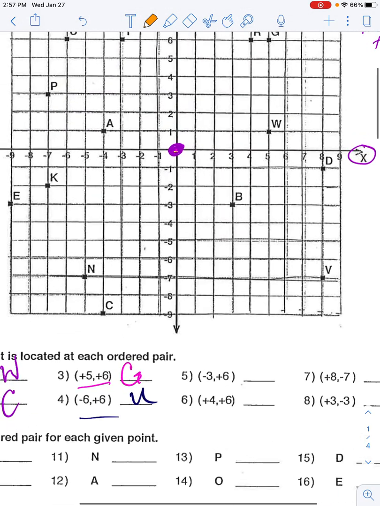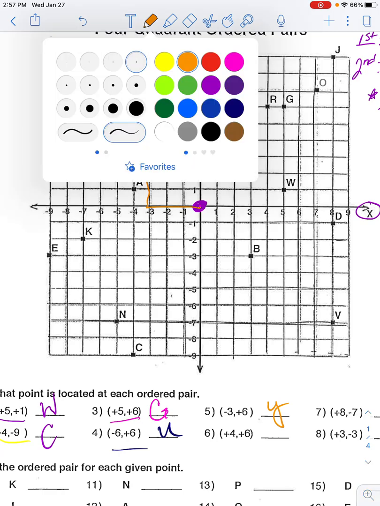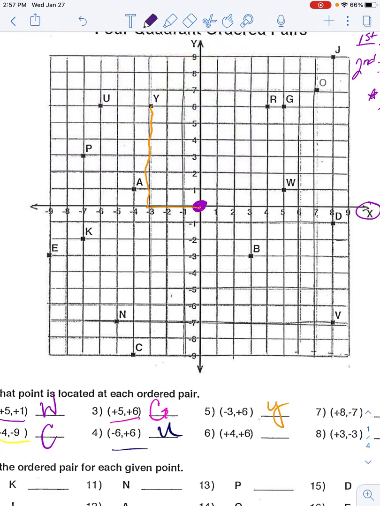Number 5 says negative 3, positive 6. Negative 3 means left 3. Positive 6 would mean up 6. That's a Y. Positive 4, positive 6. Positive 4 would mean right 4. Positive 6, up 6.